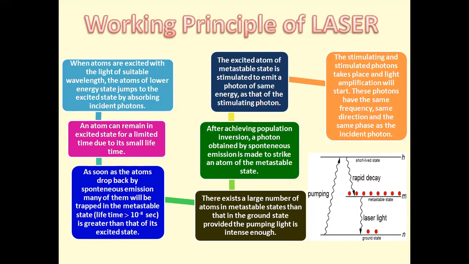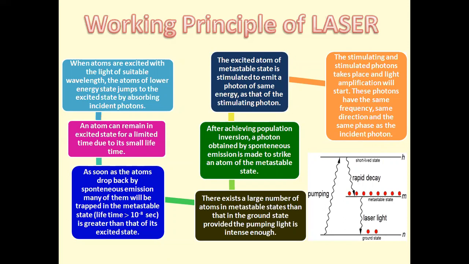In third stage, these excited atoms drop back by spontaneous emission and get trapped in the metastable state, that is state M. So, there exists a large number of atoms in state M than that of the lower energy state, that is N.